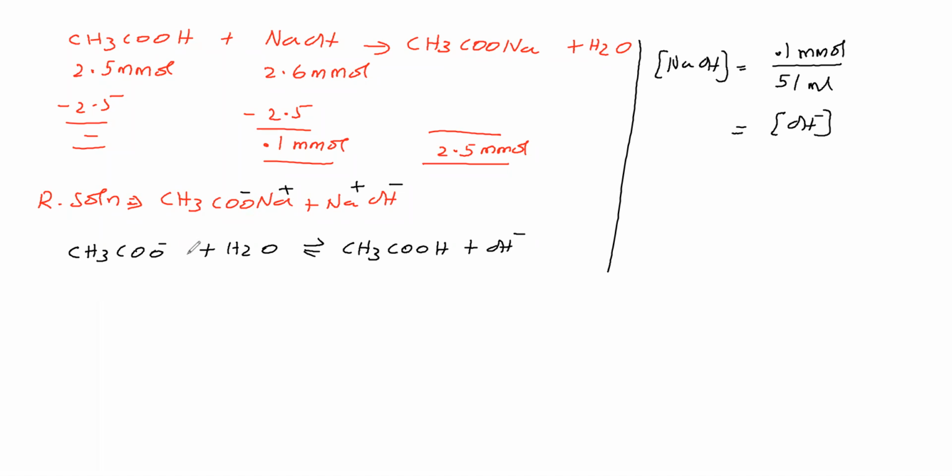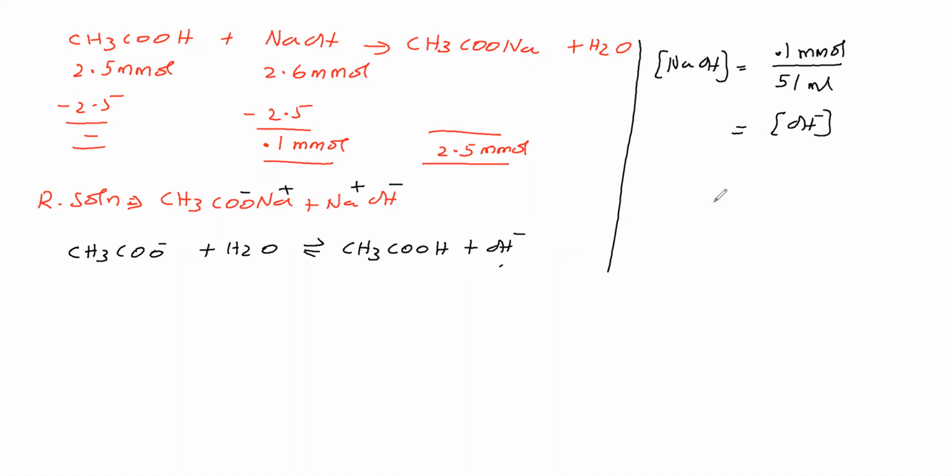Therefore, we need not consider anionic hydrolysis here; the sodium hydroxide concentration itself is enough. Actually, the anion also gives OH minus, no doubt, but if we add that concentration we cannot simplify, because in the previous case we have neglected some terms. Therefore, we are neglecting the OH minus concentration provided by acetate ion compared to the OH minus from sodium hydroxide. So we got the OH minus concentration.